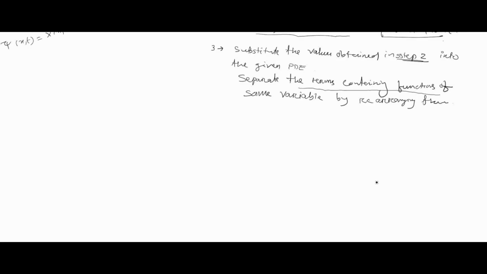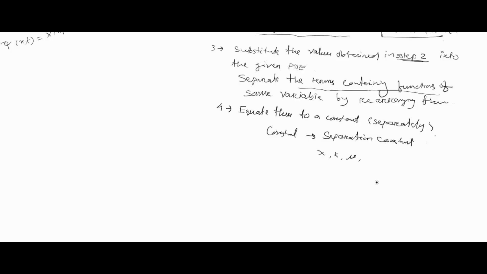Then in substep number 4, equate them to a constant separately. This constant is called the separation constant, and this can be lambda, k, mu, lambda square, k square, mu square, minus lambda square, minus k square, minus mu square, minus lambda, anything else.